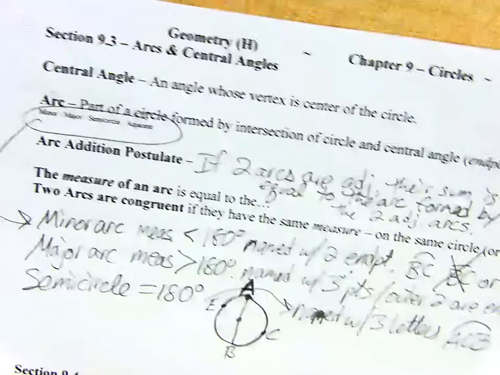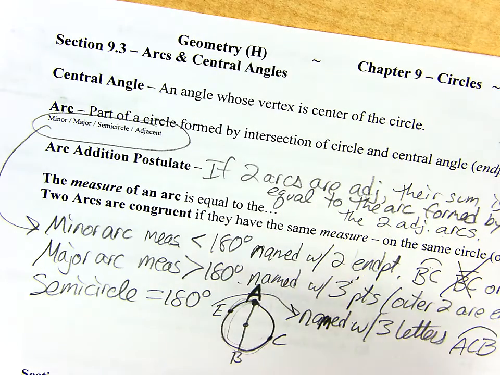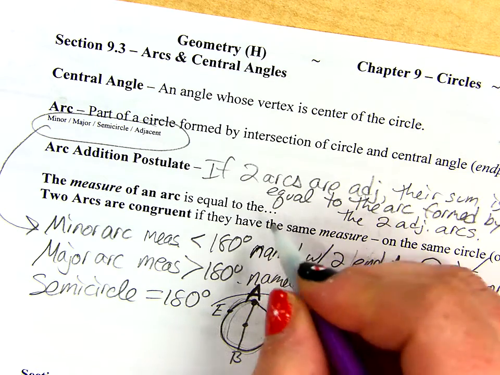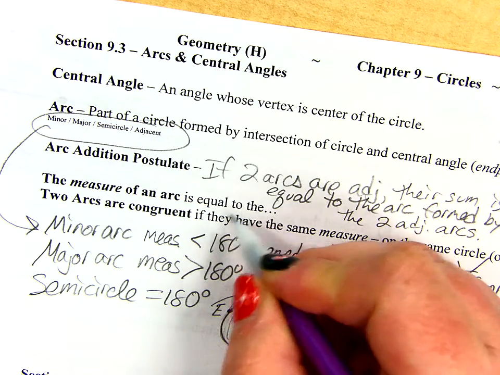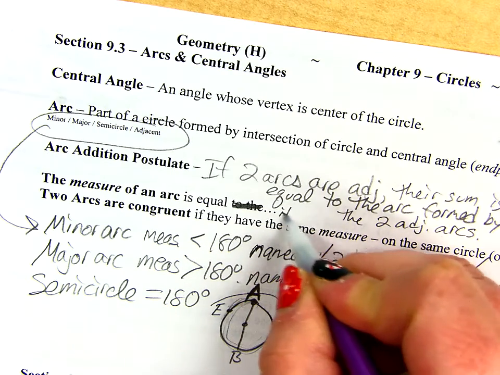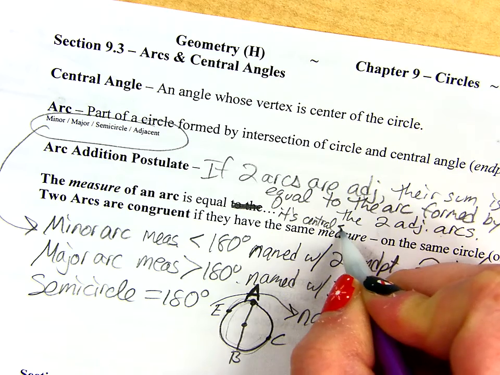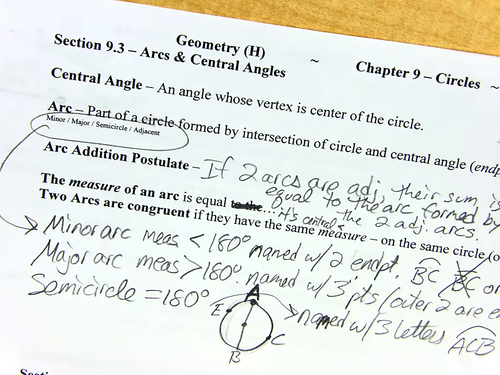We already mentioned the measure of an arc is equal to its central angle. Two arcs are congruent if they have the same measure on the same circle or congruent circles.